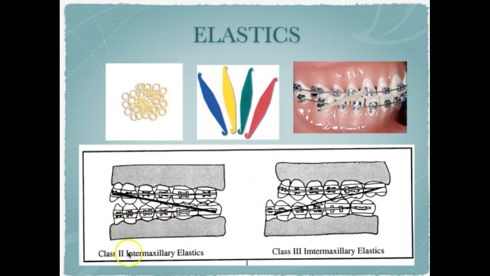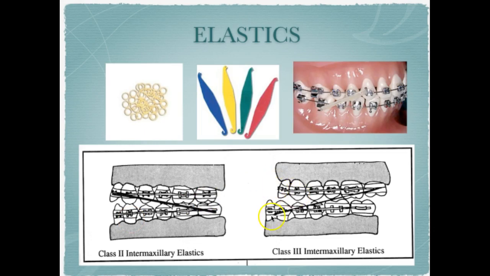So a class 2 intermaxillary elastic would have the elastic hooked to the maxillary anterior teeth down towards the mandibular posterior teeth. So if we have a class 2 malocclusion, then this elastic would bring power to bring the mandible forward.